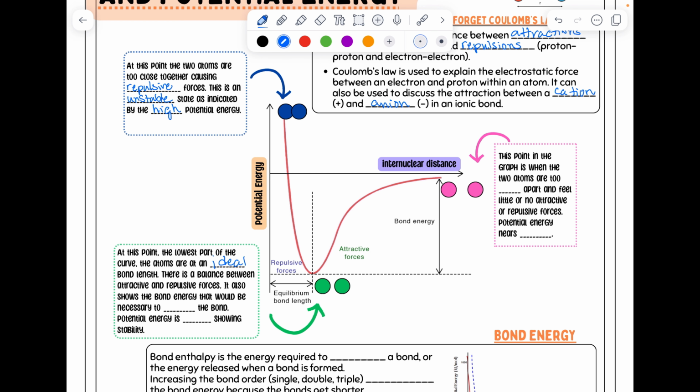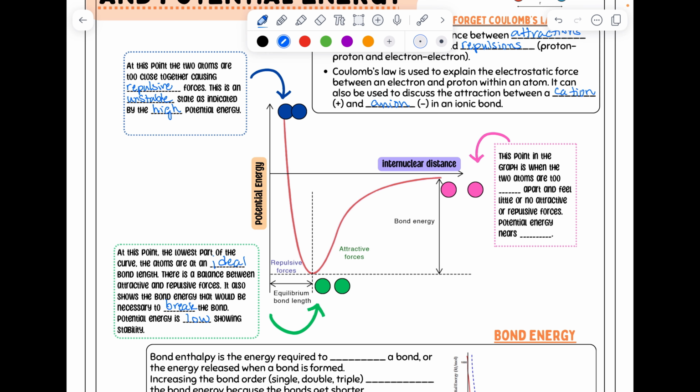So the attractive forces between the protons in the nucleus and the electrons, and the repulsive forces of the electrons on the outside of both atoms. It also shows the bond energy that would be necessary to break the bond. Potential energy is low, that shows stability.